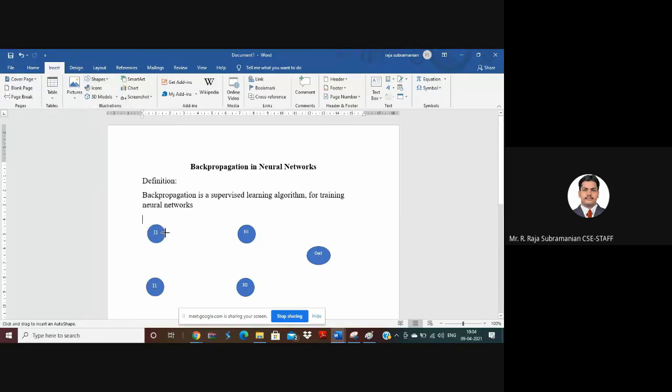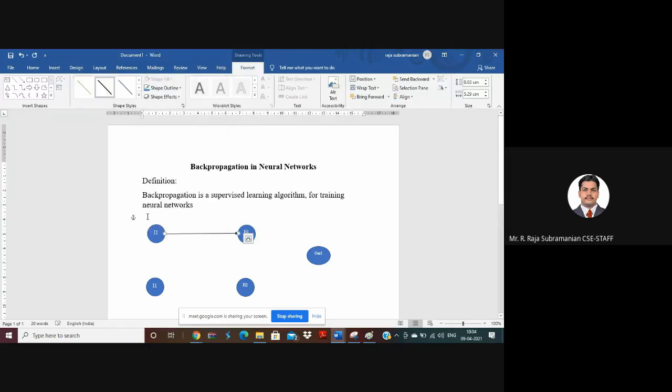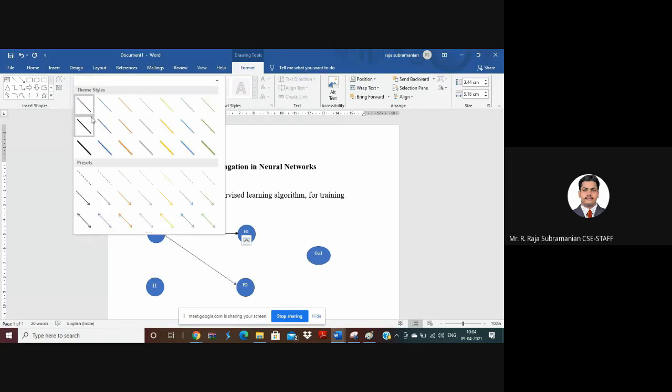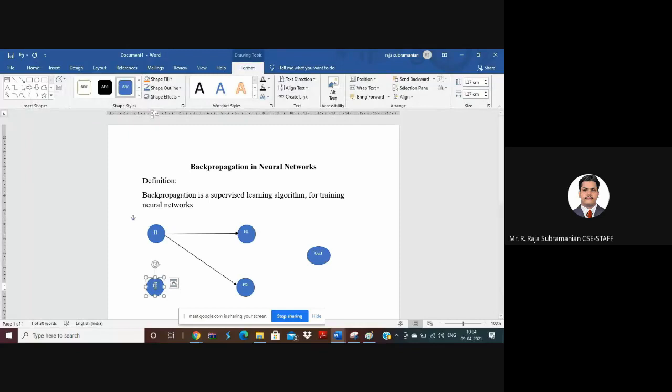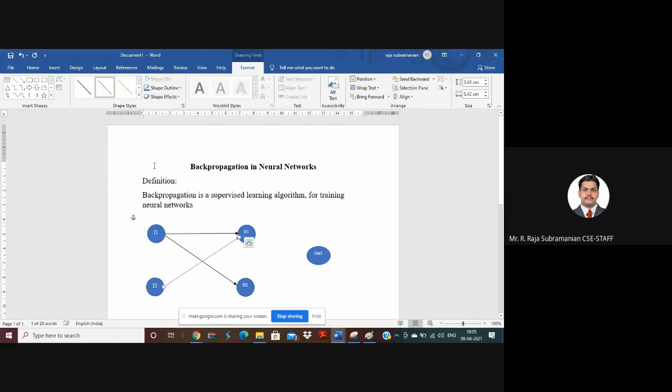So I'll be starting from, say, I1, it will be going to H1, and I1 can also go to H2. Similarly, I2 can go to H1 and H2 and so on. A hidden layer's neurons can go to subsequent hidden layers. So many such interconnections can be there.